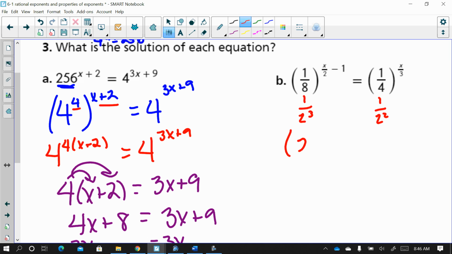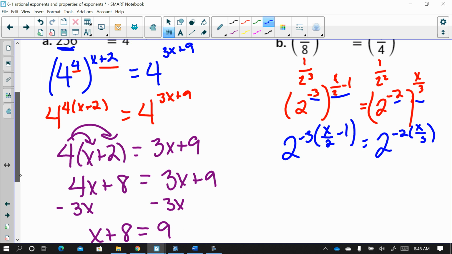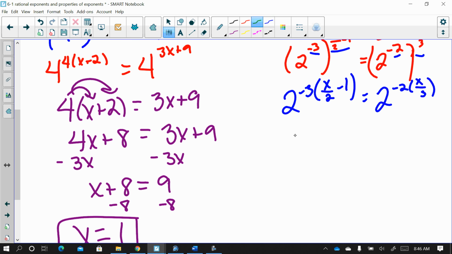So this becomes 2 to the negative 3 to the x over 2 minus 1 equals 2 to the negative 2 to the x over 3 power. Power to power, I'm going to multiply. So 2 to the negative 3 times x over 2 minus 1 equals 2 to the negative 2 times x over 3. My bases are the same, so now I can set the exponents equal.